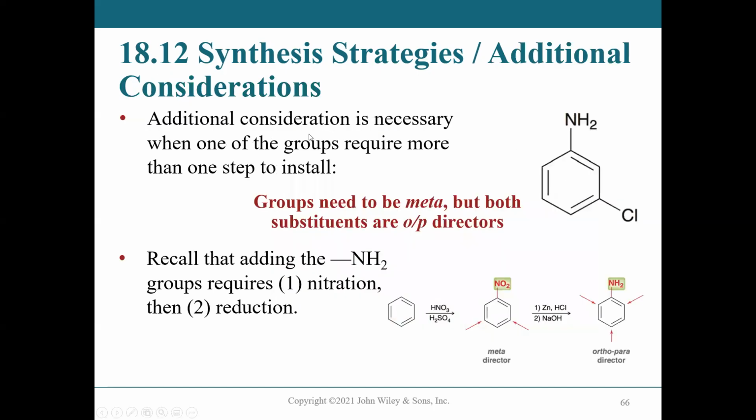It says additional consideration is necessary when one of the groups requires more than one step to install. The groups need to be meta, but both substituents are ortho-para directors. So in this case, we have both ortho-para directors.